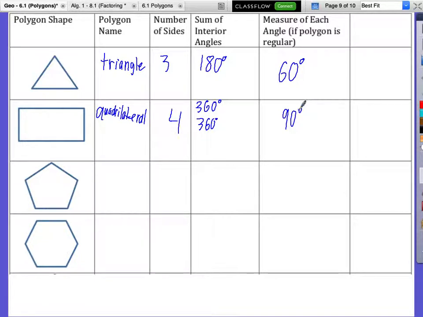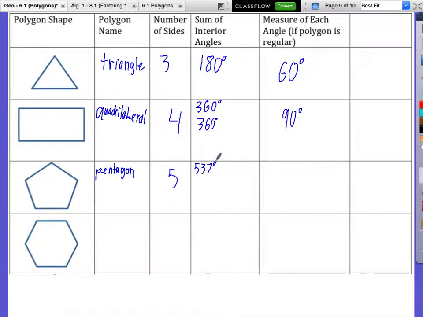Raise your hand if you had this 5-sided figure. Okay, Aubrey and Riley, and Faith. So what was the name of this? At 5 sides, what was the sum of interior angles for Faith? 537.